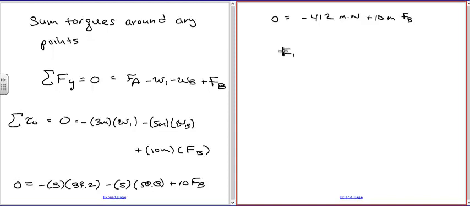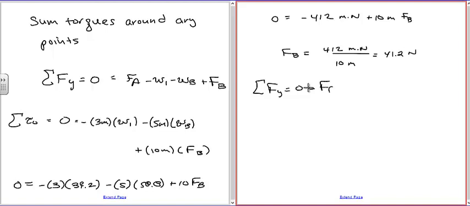So if we solve for F sub B, it's going to be 412 meter newtons divided by 10 meters, or 41.2 newtons. So that's the support force B. Now, what I can do is go back into the sum of the forces in the y direction equals 0.